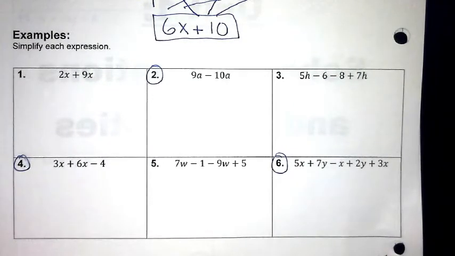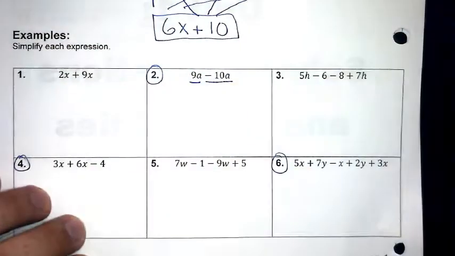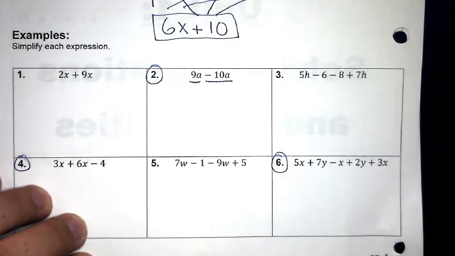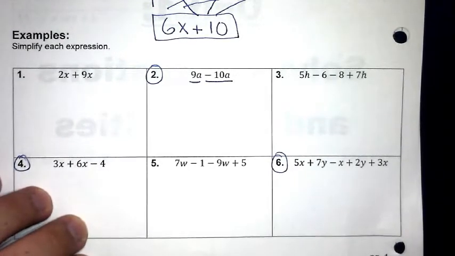Looking at number 2, looking at 9a. Are there any other numbers that are similar to 9a? Negative 10a. Those are the only two things in the problem, so all you have to do is combine those two things. Again, combining means what operation? Adding. Good.